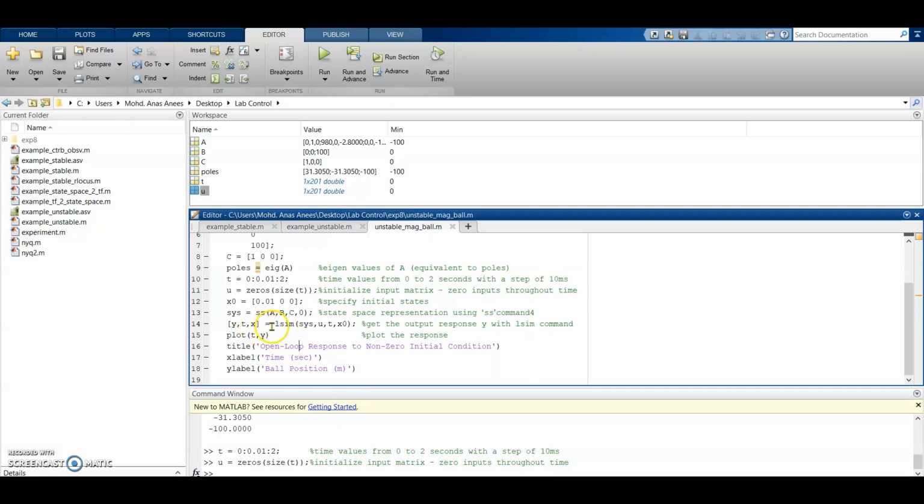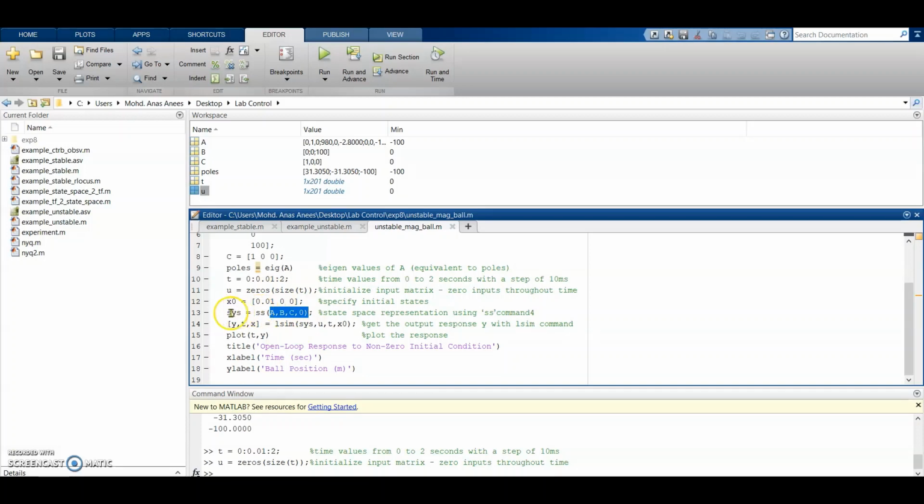Then we have defined a system using the ss command. The ss command is nothing but state space, and it is applied on the A, B, C, D matrices. The A, B, C matrices we have obtained, and the D matrix is 0 as usual. So the ss command just stores these matrices in the system known as sys.